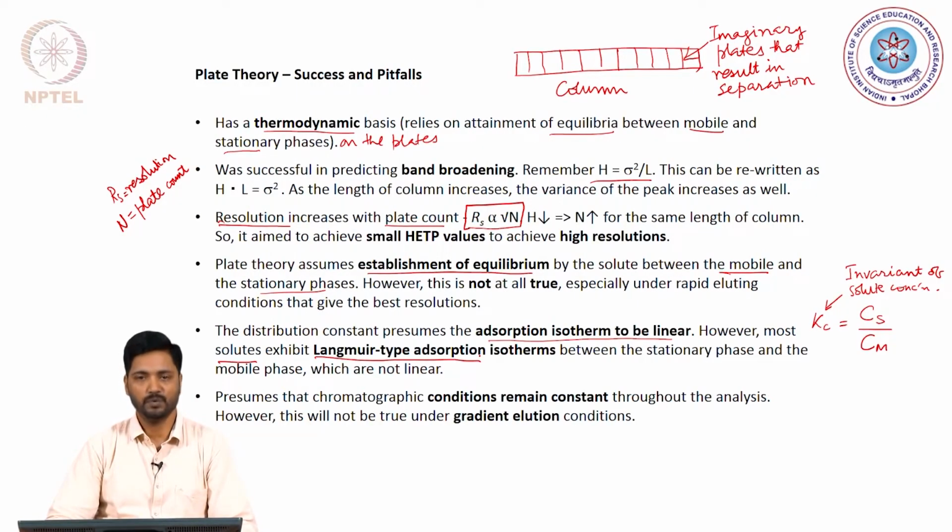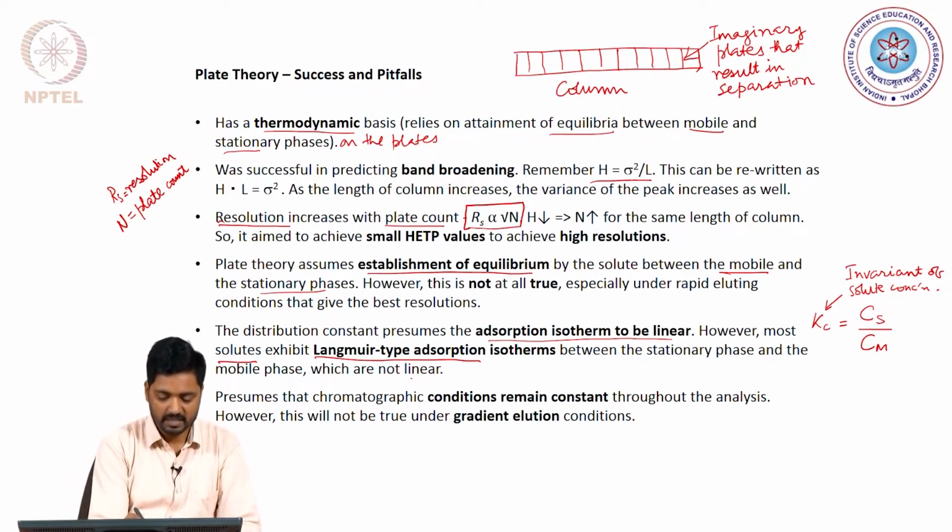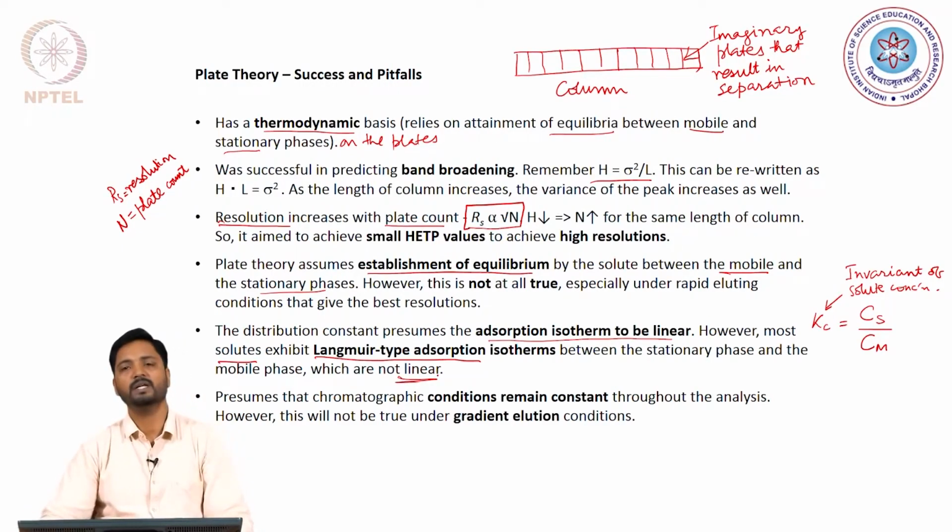And if you look at what these isotherms are, you will observe that they result in a non-linear profile with the solute concentration. So, clearly the presumption that the adsorption isotherm for the solutes is linear in plate theory is found again not to be true.